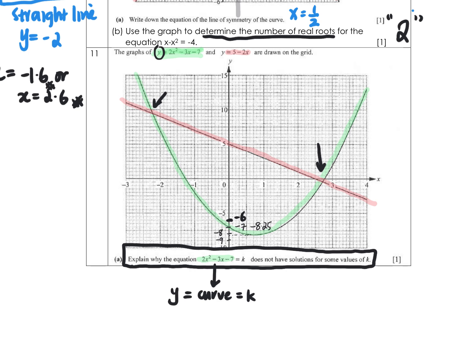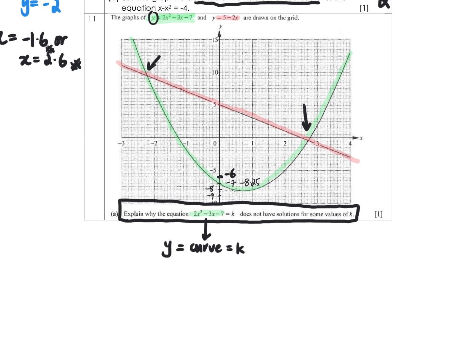So they say, explain why the equation does not have solutions for some values of k. So you can say that for y equals to k such that k is less than negative 8.25. Okay, that means as long as k is less than negative 8.25, it falls below, right?